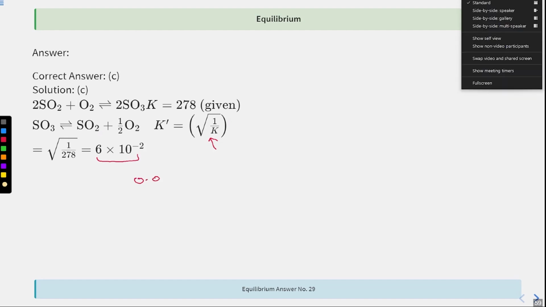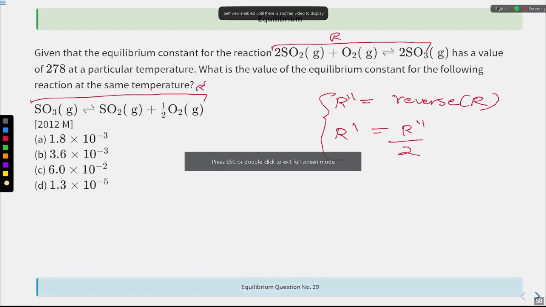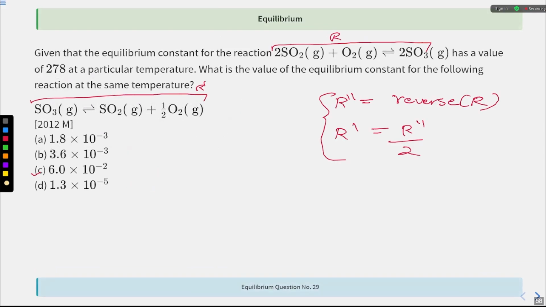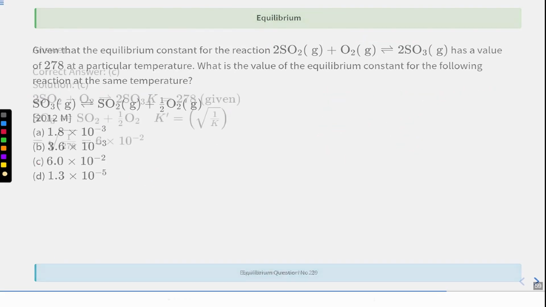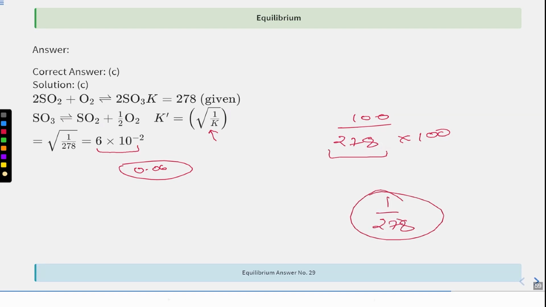Which is close to 0.06. That is fine. So that would be option 6. Now, just a rough idea of how they did it. If we take 100 divided by 278, I made it 100 because 1 by 278 would actually be a very small number.